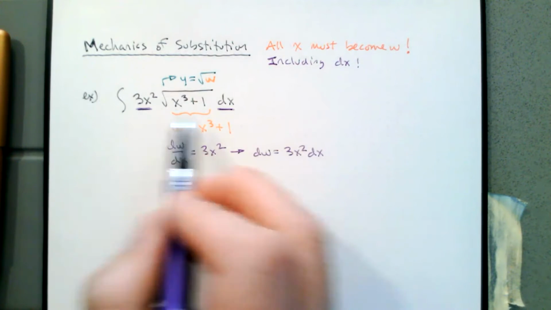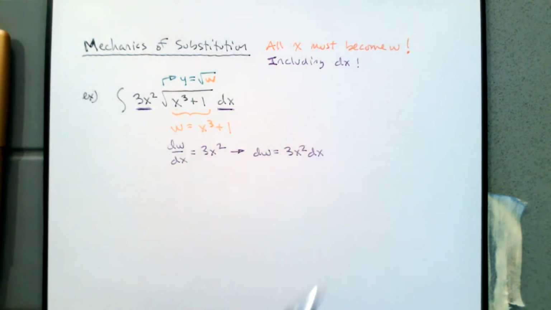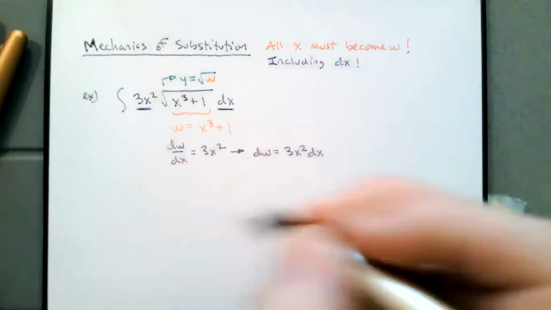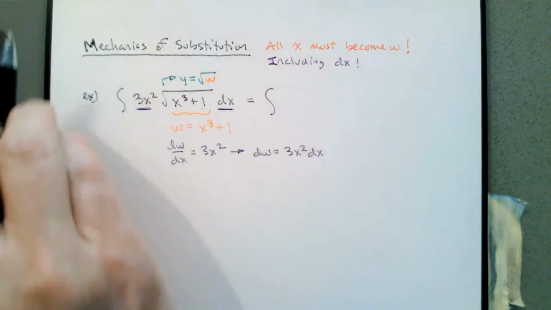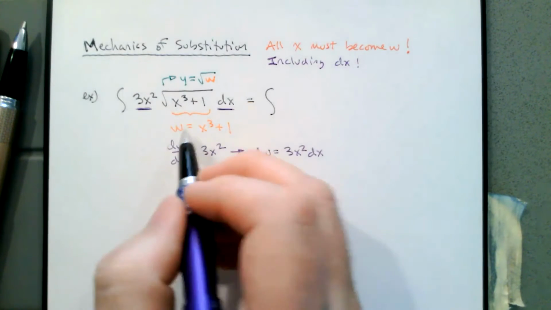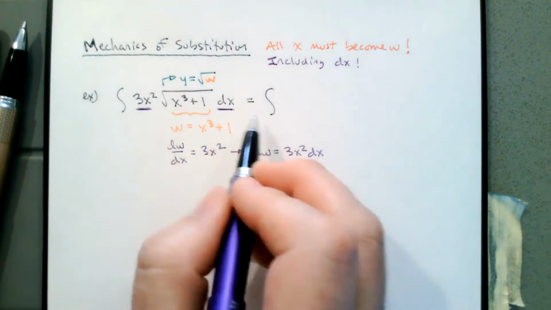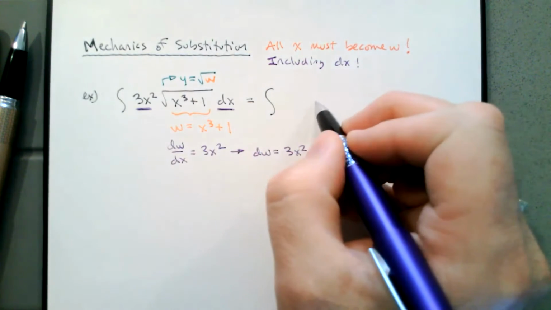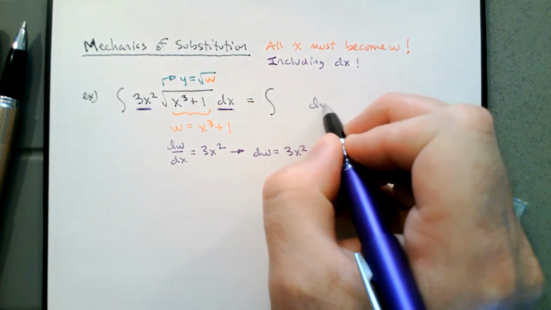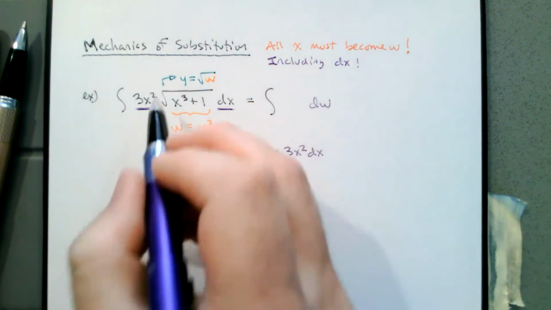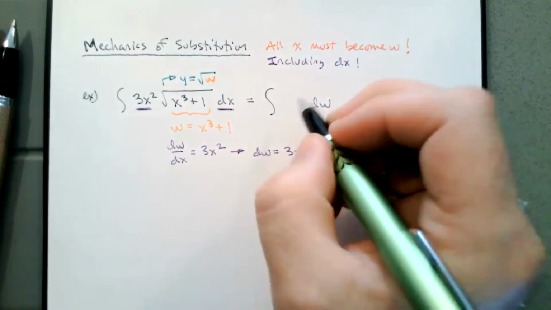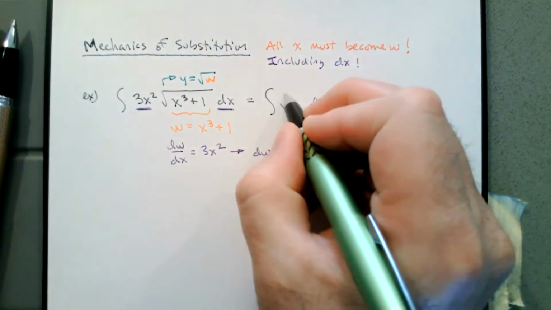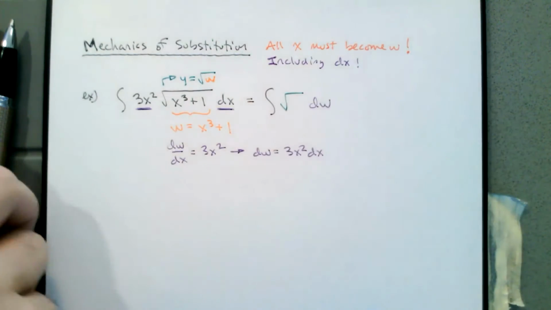So I can replace 3x squared and the dx with dw. So my integral becomes the 3x squared dx, all that gets replaced by dw. The square root of x cubed plus 1 gets written as the square root of w.